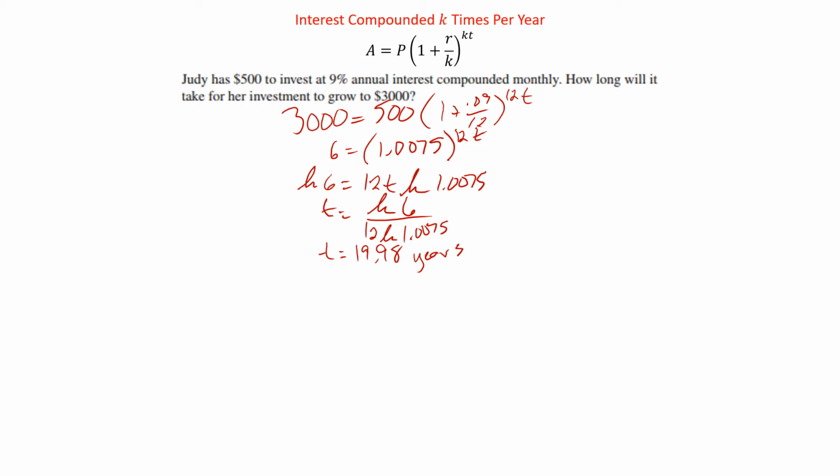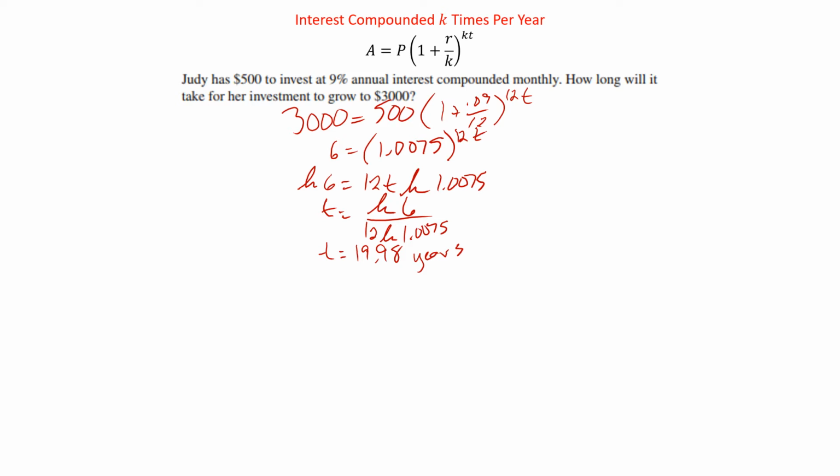So in 20 years, that $500 jumps to $3,000, which doesn't sound like a lot. I mean, ooh, you made $2,500 in 20 years. Well, that's for doing absolutely nothing and assuming that nothing else was added to that account. But it multiplied by 6 in 20 years. So imagine if you had more than $500 to invest.